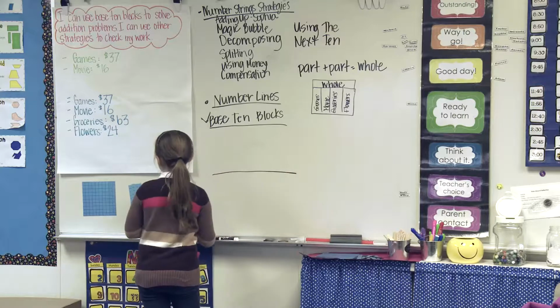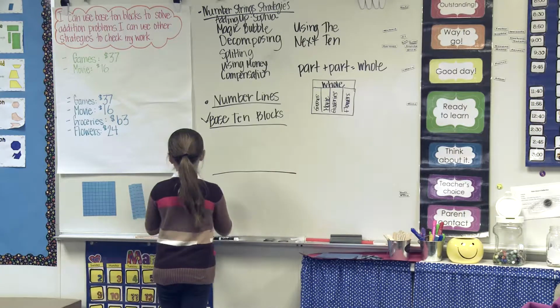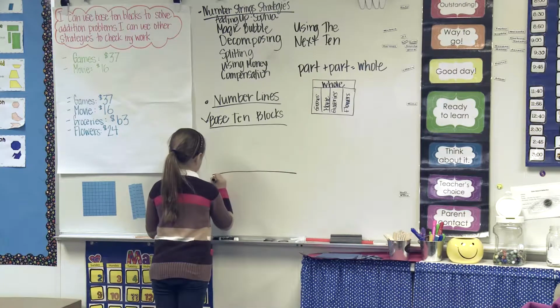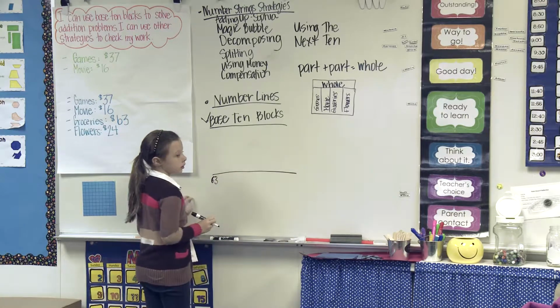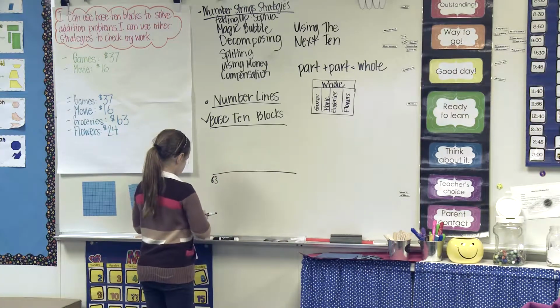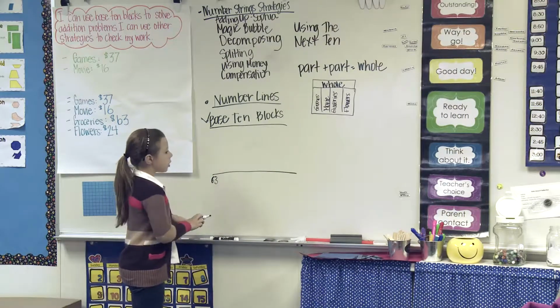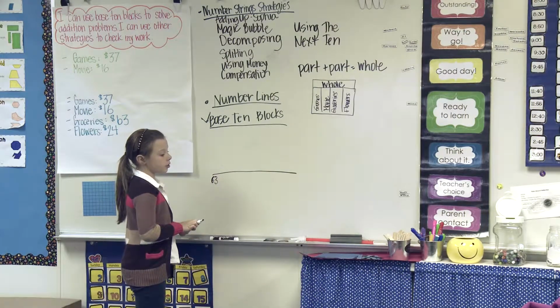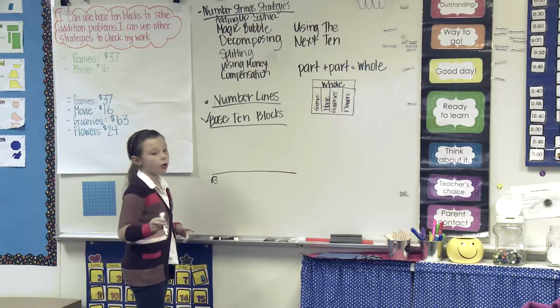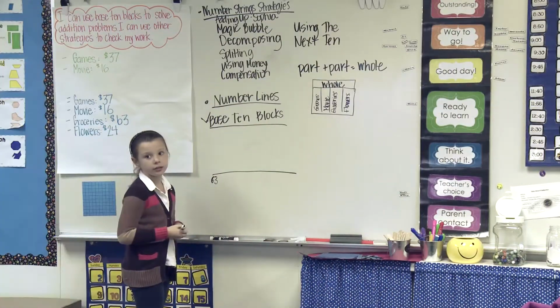So first you would start with the biggest number on the number line, so 63. Why did you start with 63, Taylor? Because on the number line, you would always start with the biggest number, so it would be easier to go along on your strategy. Oh, okay.